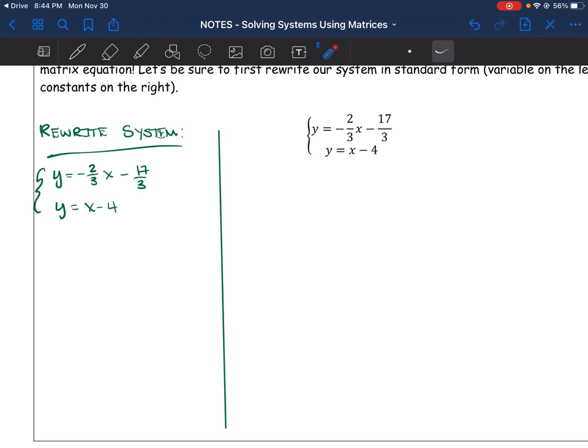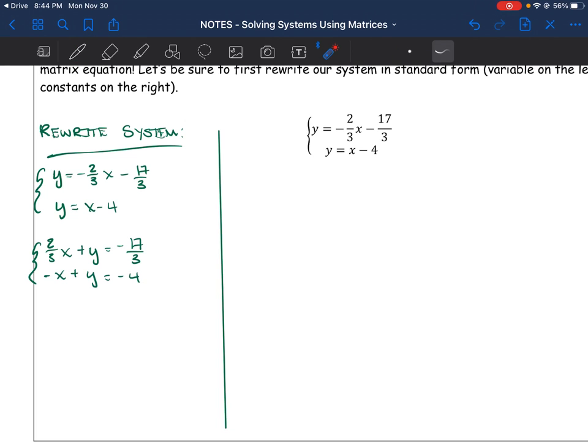So I'm going to take this negative 2/3 x and add it to the other side of the equation. This is going to give us 2/3 x plus y equals negative 17/3. And same thing in our second equation, I'm going to take this positive x and subtract it over here. This will give us negative x plus y equals negative 4.